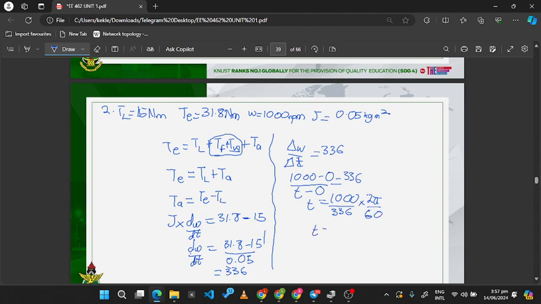Hope I got this correct. So we'll get the time to be equal to 0.316.